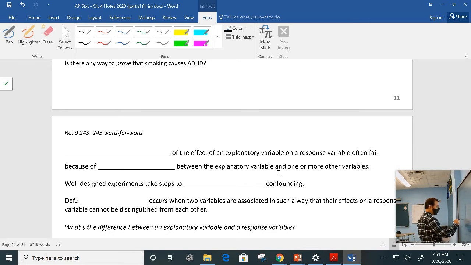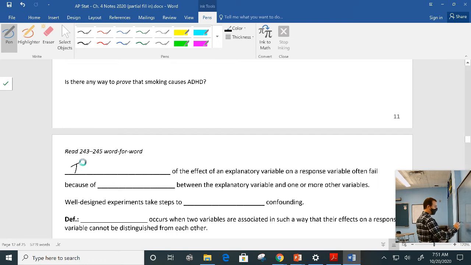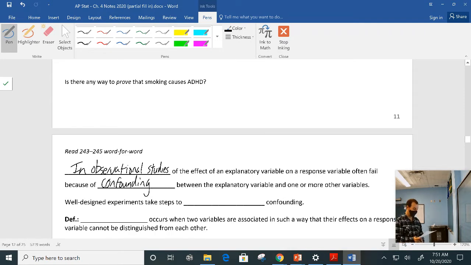So in observational studies, the effect of an explanatory variable on a response often fail because of what's called confounding between the explanatory and one or more of the other variables.